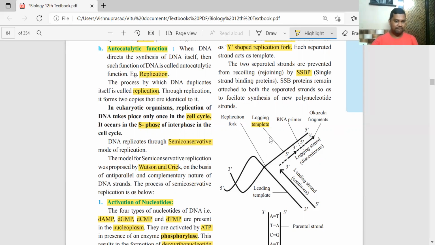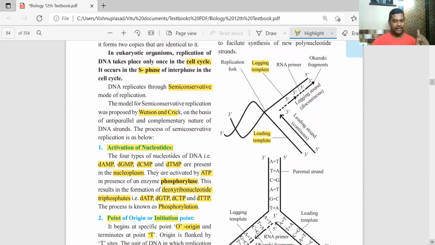There are two types of template produced: one is called the lagging template and the other is called the leading template. I will come to the reason later, but for now understand that there are two strands, one of them a leading template and the other a lagging template.